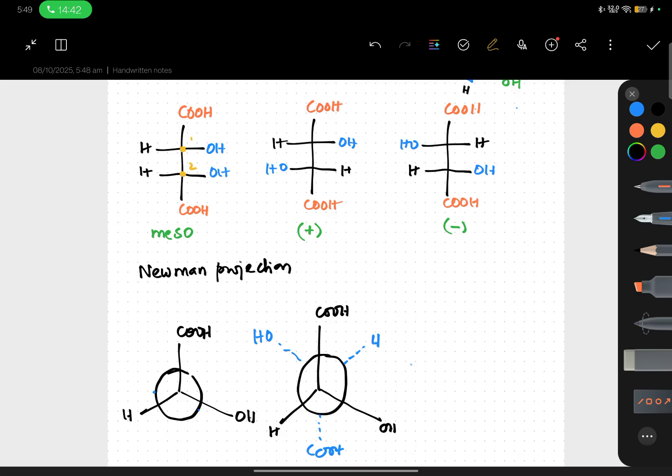For example, the opposite of COOH you have COOH. So the opposite of H you have another H. Opposite of OH you have another OH. In this case, the opposite of H you have OH.